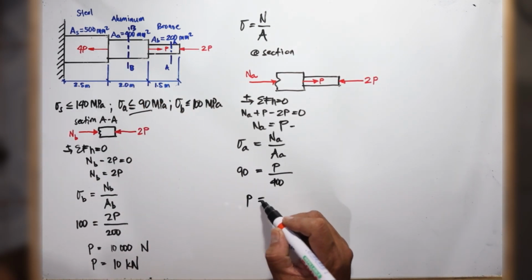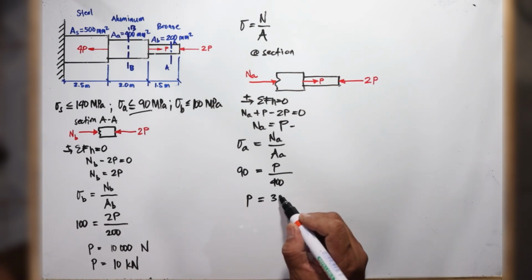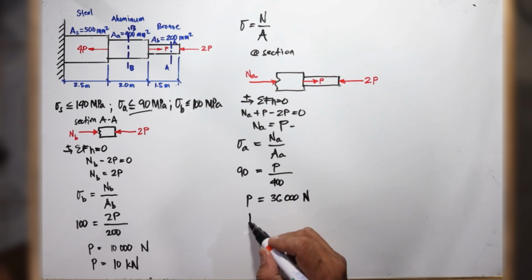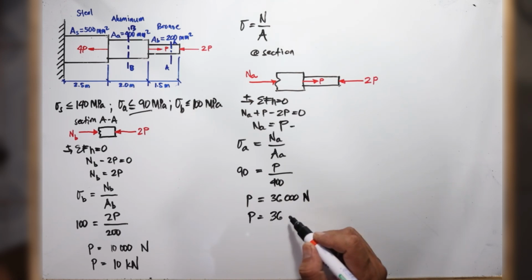So we get our P equals 36,000 newtons, or that is 36 kilonewtons.